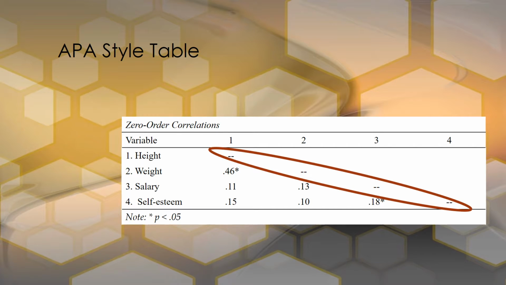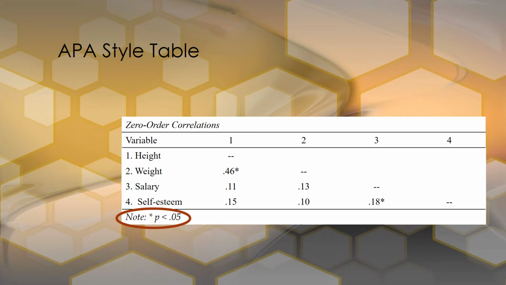So you don't want to repeat the correlations again, so you just don't put them there. So the correlation between weight and height is the same as the correlation between height and weight. So it doesn't matter which one you say first. It's the same number. So you don't include them above that diagonal.